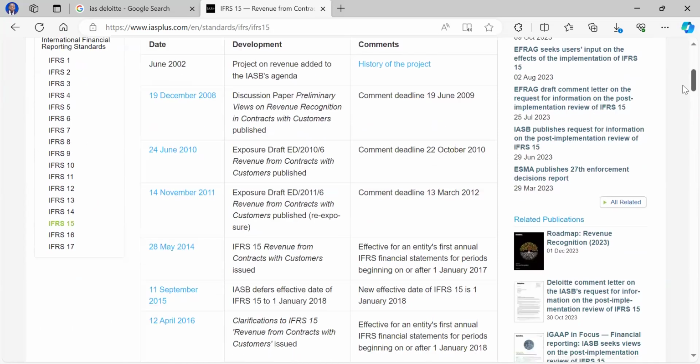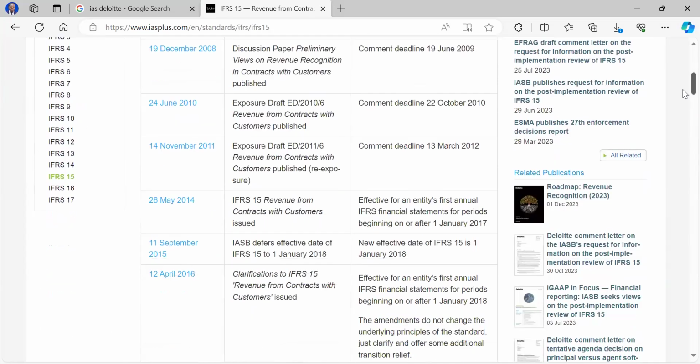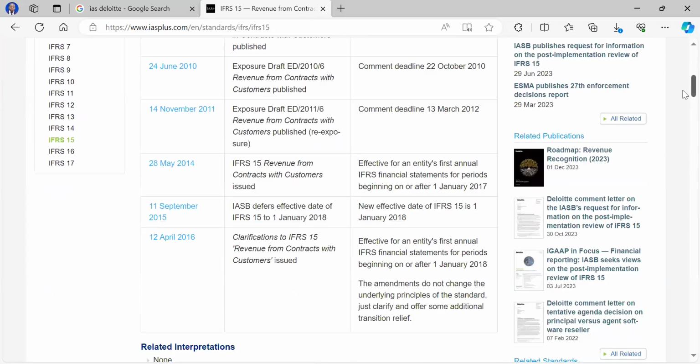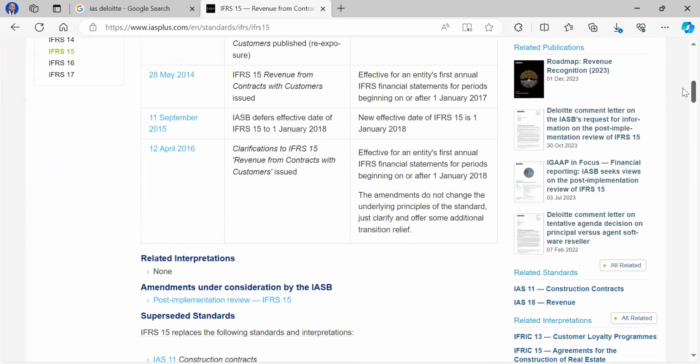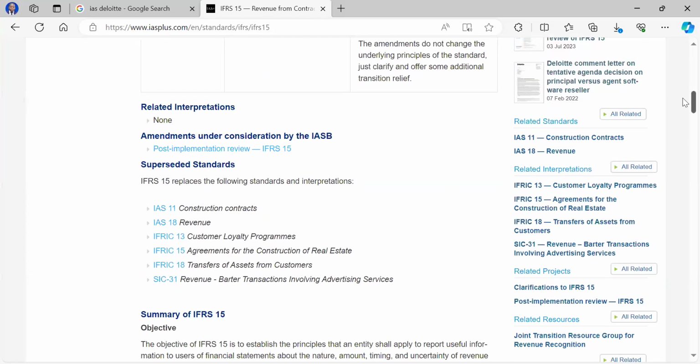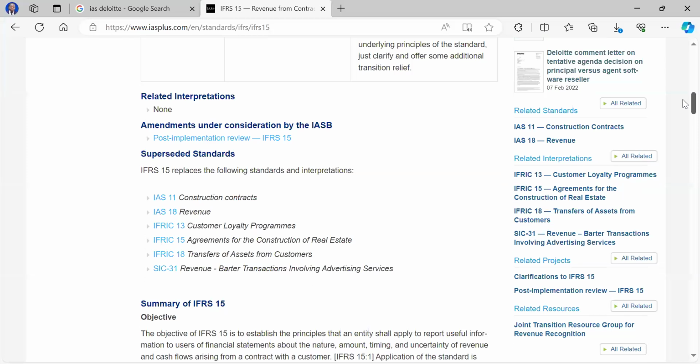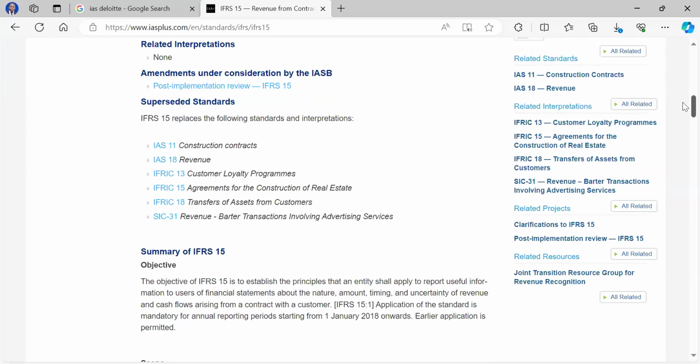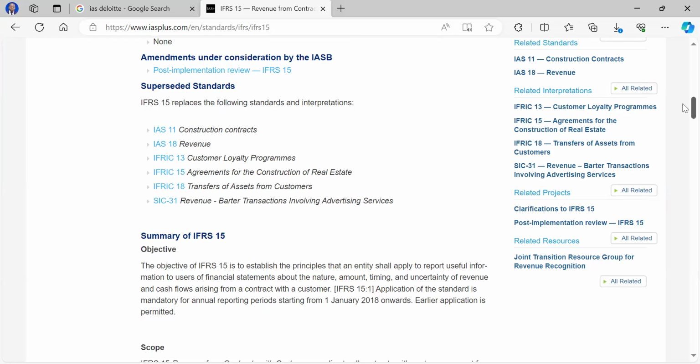For us that studied this standard earlier on, those days it used to be, I think that was IAS 12. So it evolved to get us to where we are here. Okay, so you can see, actually it was IAS 11, but it also had an element of IAS 18 revenue.